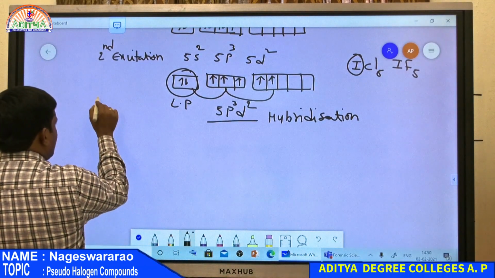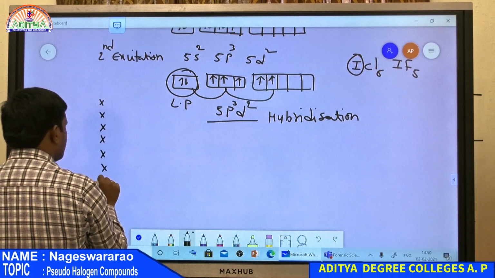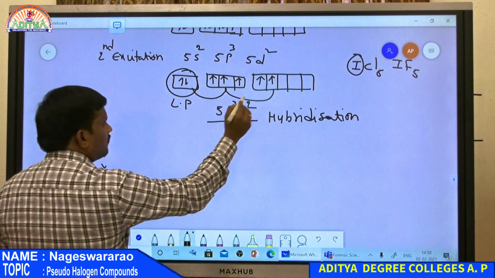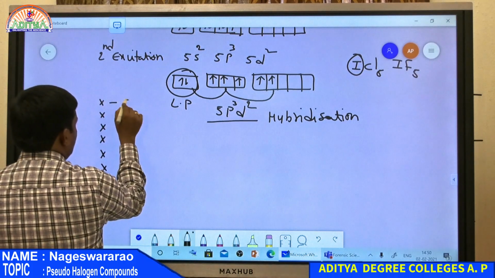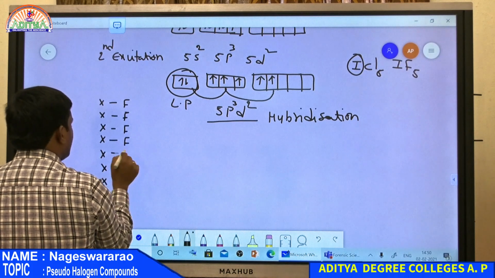So iodine has 7 electrons and 5 halide ions. If, suppose, fluorine, then 1, 2, 3, 4 and 5.